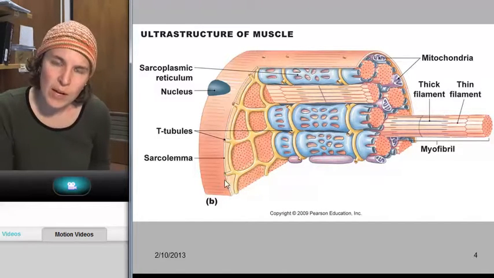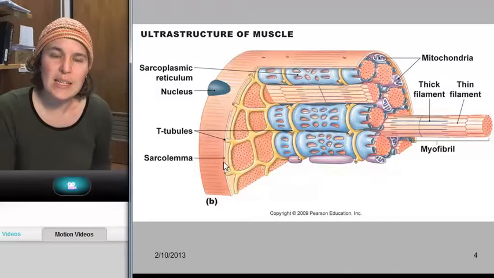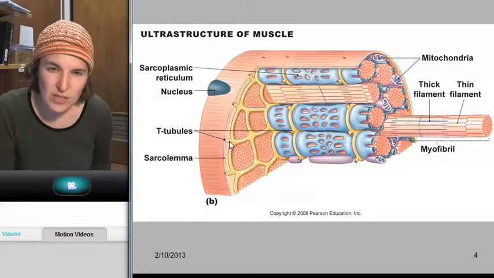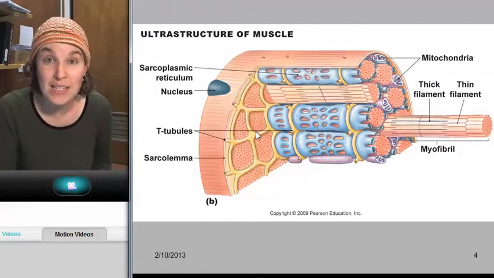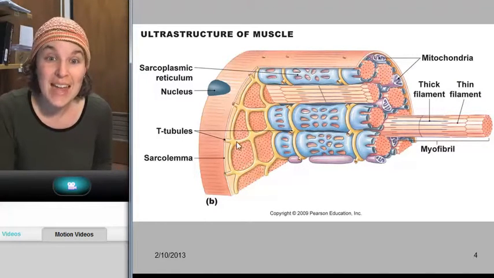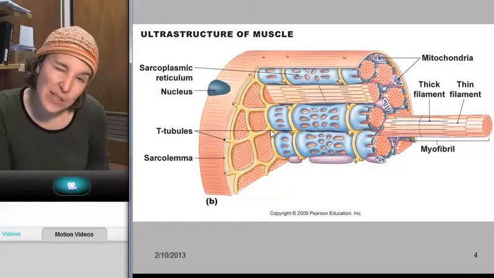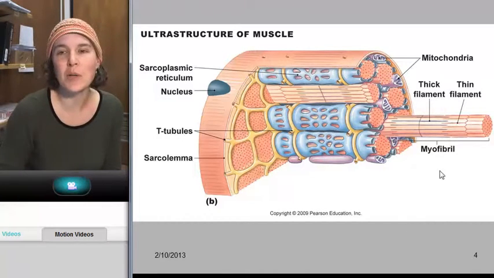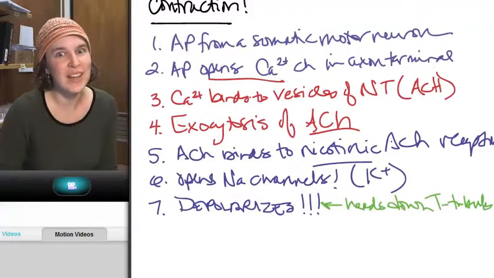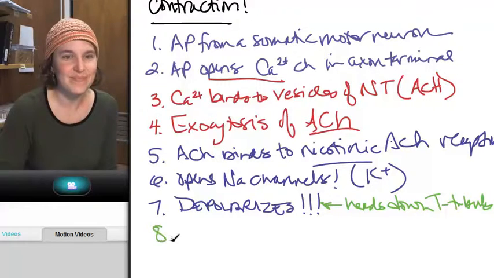This cell membrane depolarizes, and the depolarization travels, and this is just cell membrane too, so it actually travels down that T tubule. Who does it come up close to? The sarcoplasmic reticulum. And what was being stored in there? Calcium.